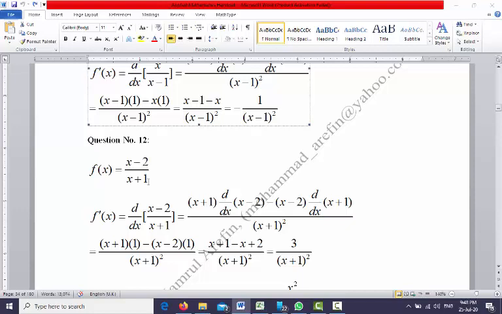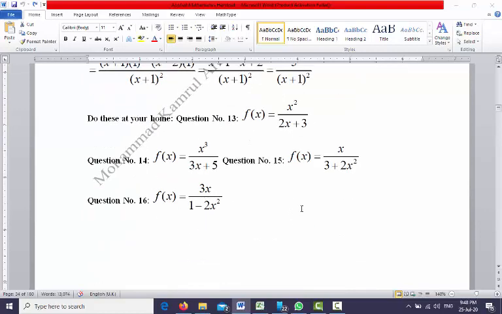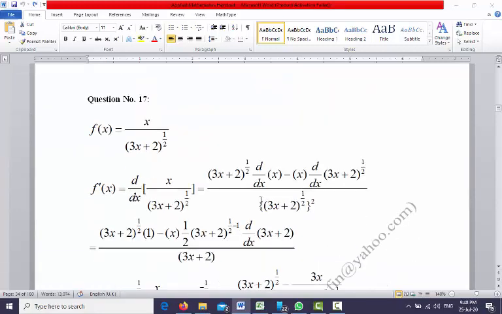But if you want to apply the division rule of differentiation, you can do it this way. Similarly, you can solve questions 13, 14, 15 and 16 at home.